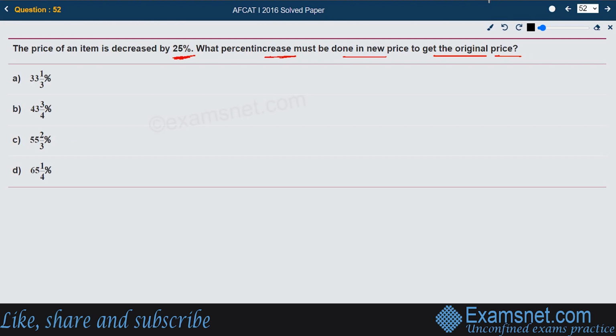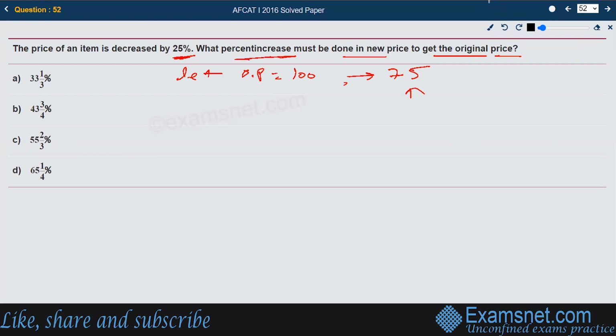Otherwise, we can do it this way. As the prices are not given, let us say that the original price is 100 rupees. The first thing done is the price of an item is decreased by 25%. So the value would have become 75, since 25% removed from 100 comes out to be 75. So the new value is 75.